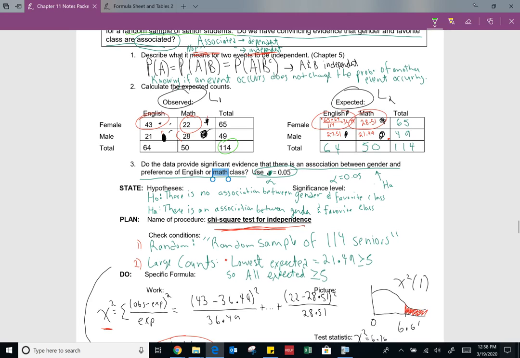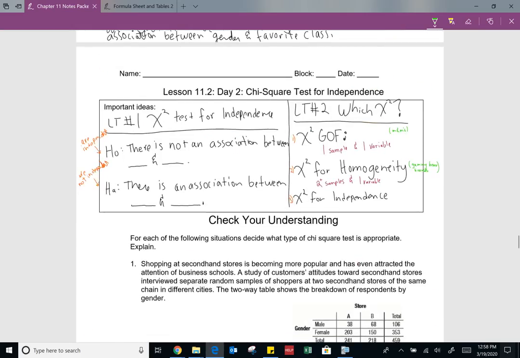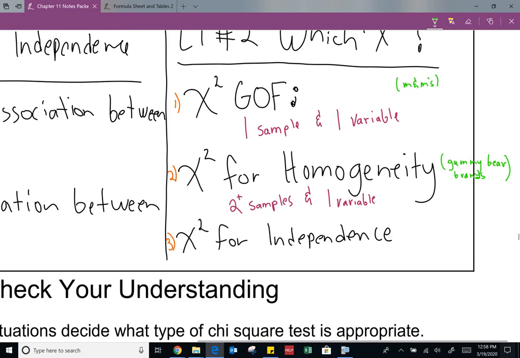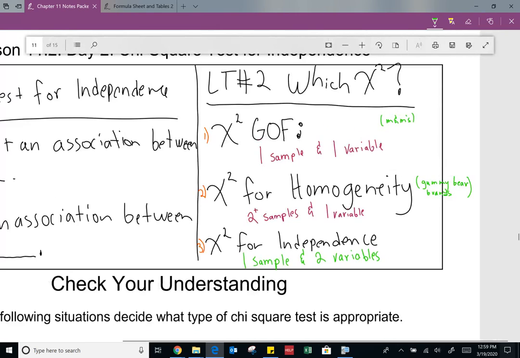We have one variable with favorite subject and another variable with gender. So you'll write chi-square test for independence when you have one sample and 2 variables. And this is what we did today.